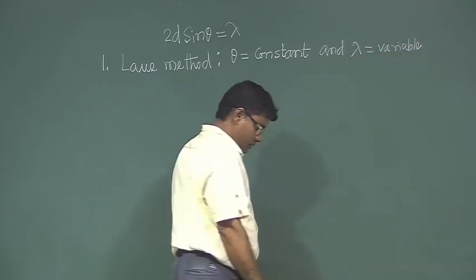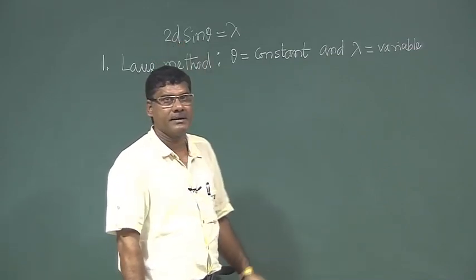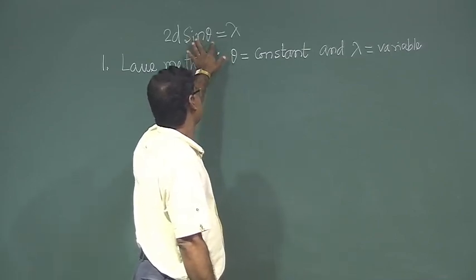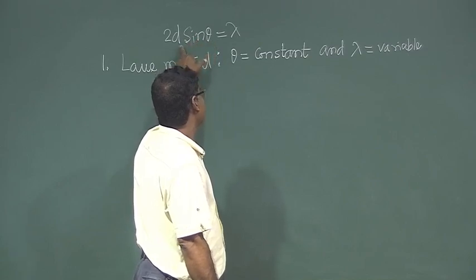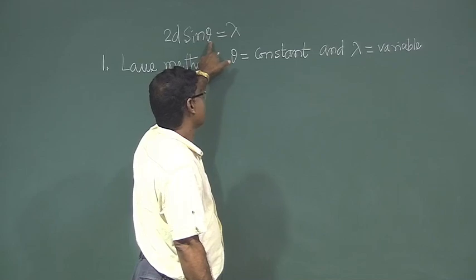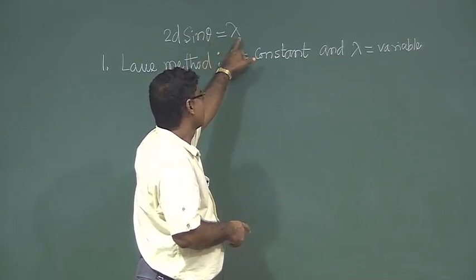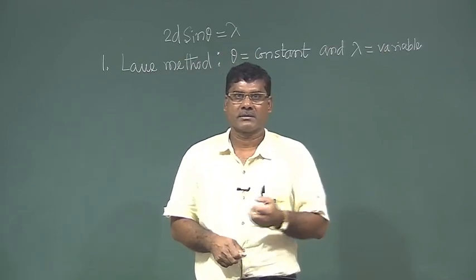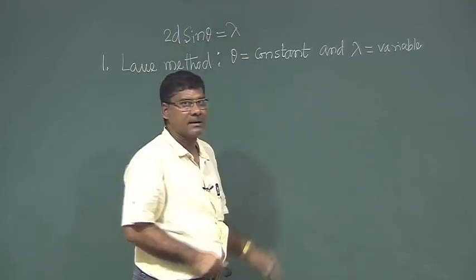So, d is there, and we want to determine d. For each d, theta is constant and lambda is variable, meaning a suitable lambda will be selected to satisfy this Bragg condition, right.